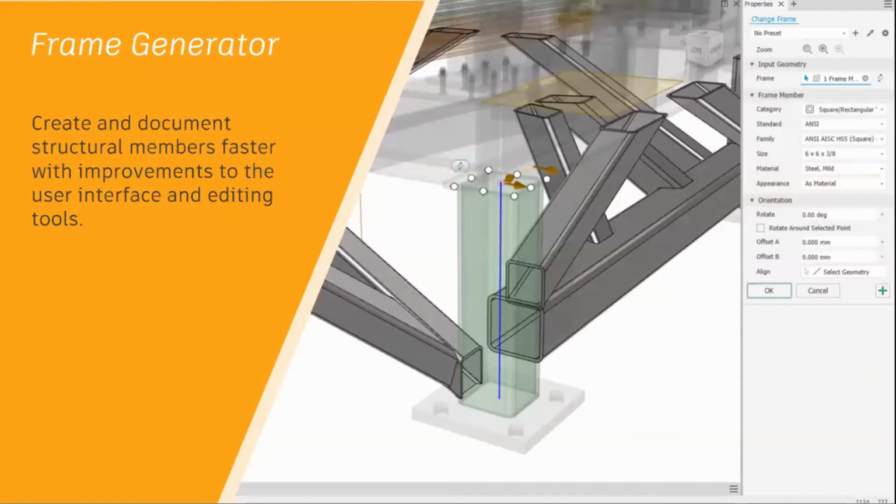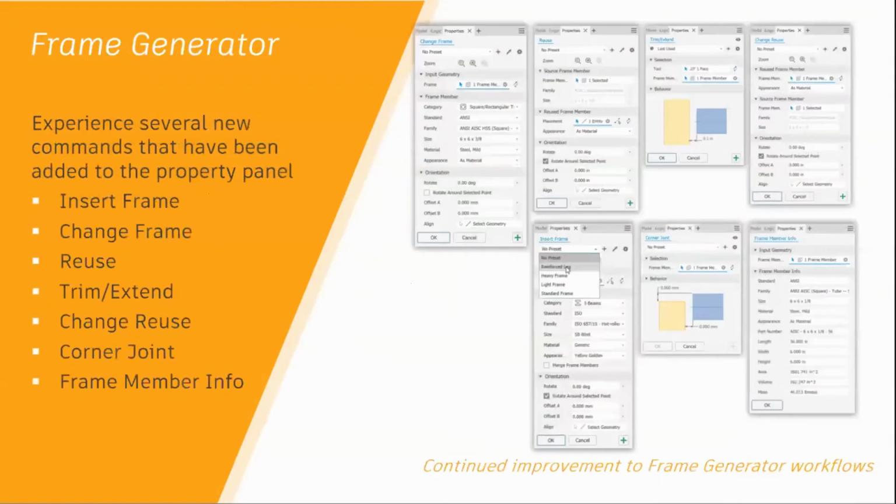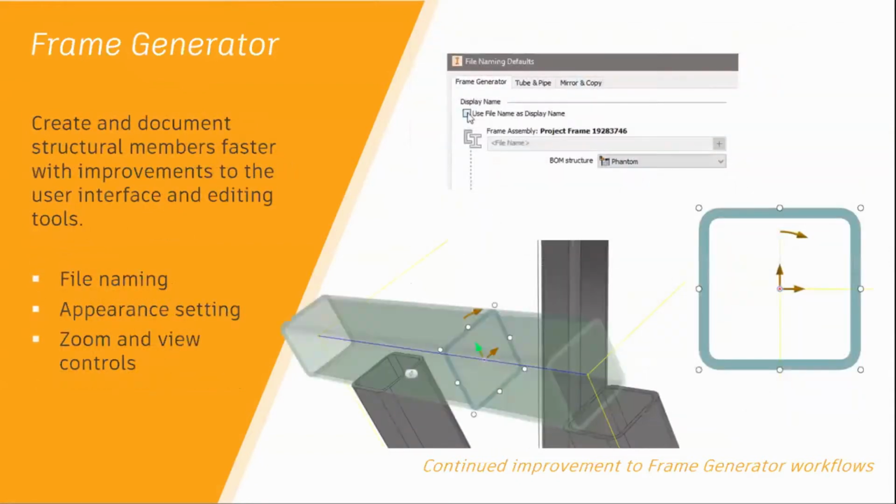So for the frame generator design environment in Inventor, improvements such as migrating the commands into the property panel have been done, and also for file naming of the frames.